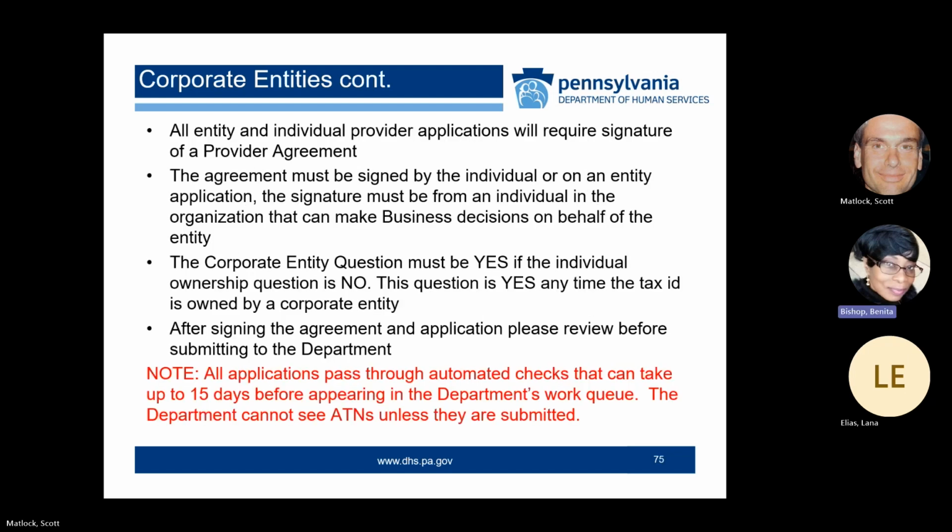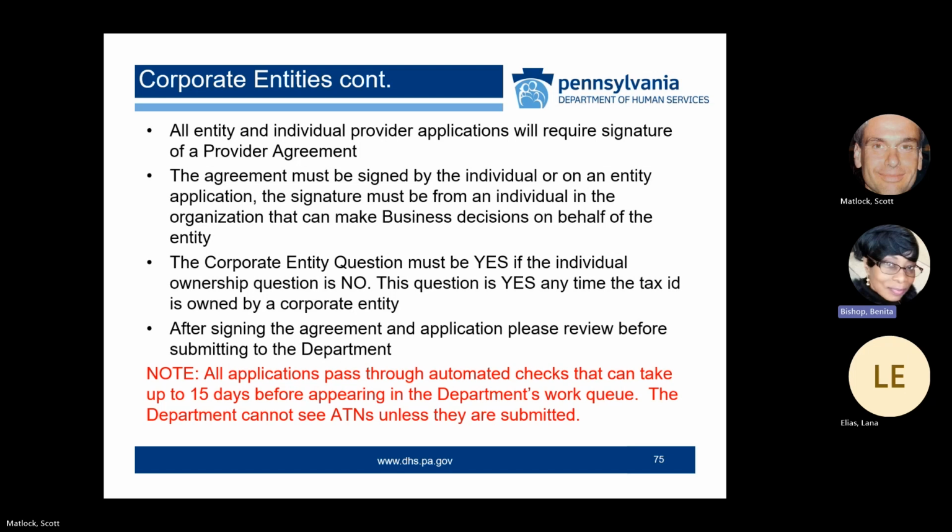All entity and individual provider applications will require the signature of a provider agreement. The agreement must be signed by the individual, or on an entity application, the signature must be from an individual in the organization that can make business decisions on behalf of the entity. Just to make sure that is clear, an individual on the provider agreement must be the individual's name.